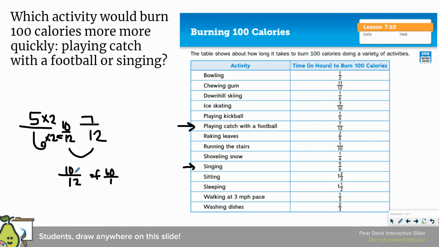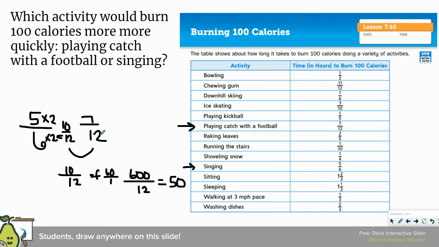So as I do this, my 10/12ths of 60, this would be 600 divided by 12. And that is 50. It's going to take 50 minutes to do my singing for 100 calories.